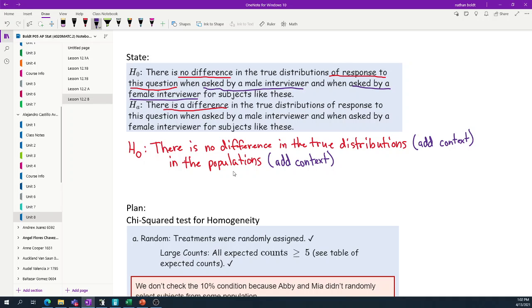Okay. So the null is that there's no difference, and the alternative, essentially the same thing, but there is a difference in the true distributions.